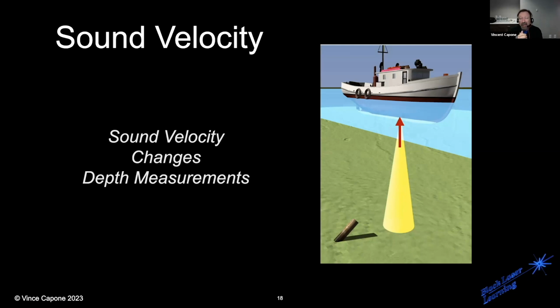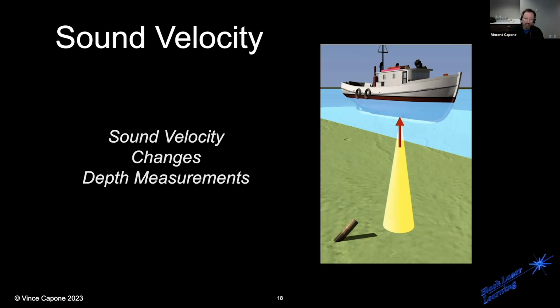In the days before we were able to digitally measure sound velocity, we did it physically. We used something called a bar check. We literally put a metal bar under the transducer at a specific height and determined, is the echo sounder reading properly? And if not, we would adjust it.